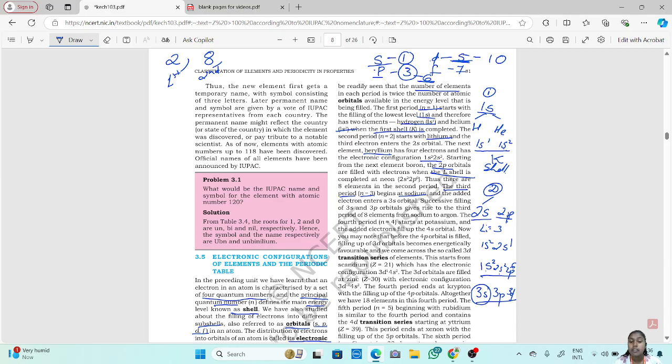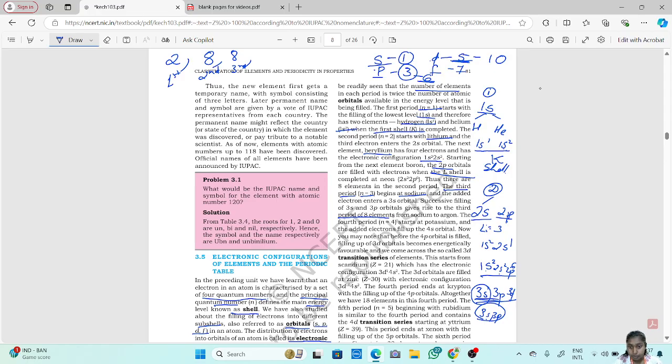Now successive filling of 3s and 3p orbitals gives rise to the third period of 8 elements, that is from sodium to argon. Once your 3s and 3p are completely filled, this gives rise to the third period of 8 elements.